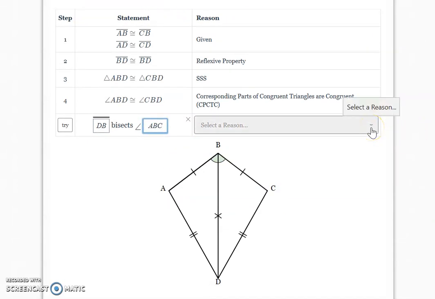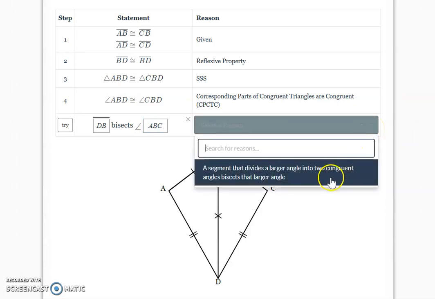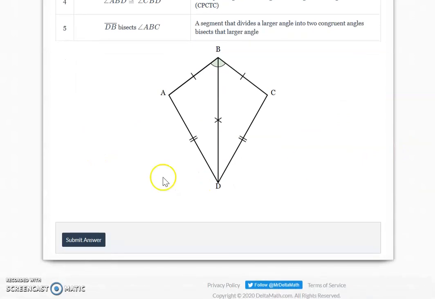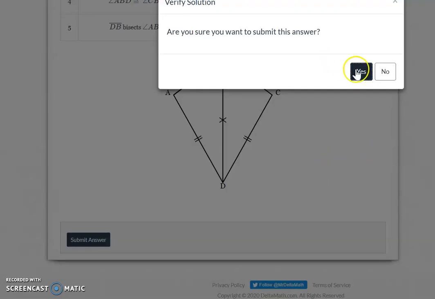And the reason why we know that is because a segment that divides a larger angle into two congruent angles bisects that larger angle. So what this is saying is that this segment divided this big angle into two congruent smaller angles. All right, so we'll try that and submit.